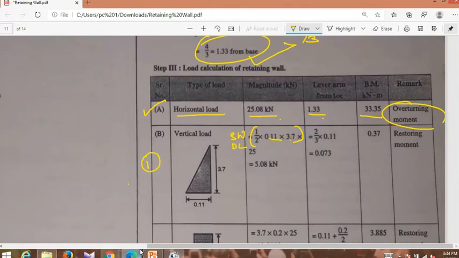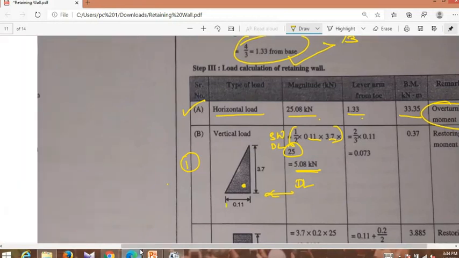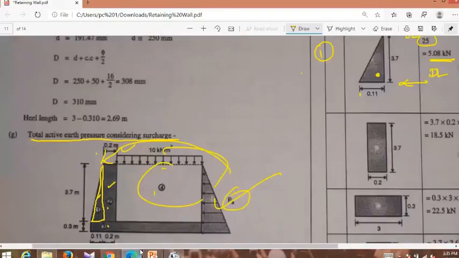Half into base into height multiplied by the concrete density, that is 25. You will get the dead load of this first section. Okay, and CG acts at this point. Okay, and we are taking the reference from where? From this end. Okay, I will erase everything.